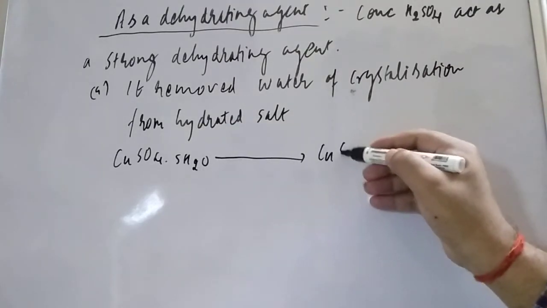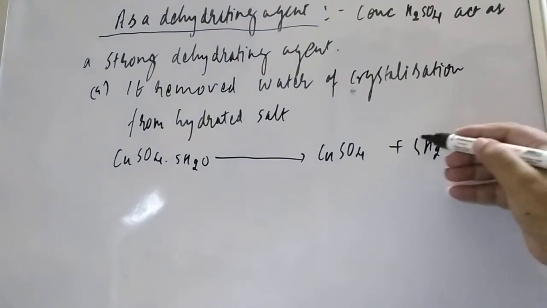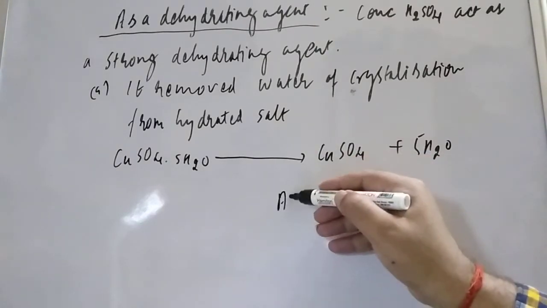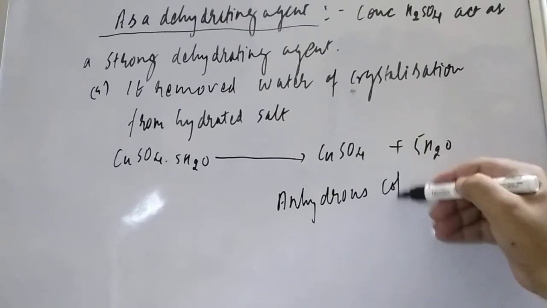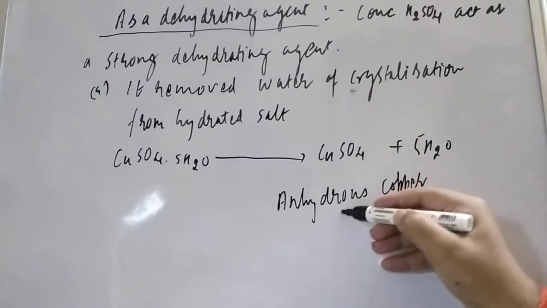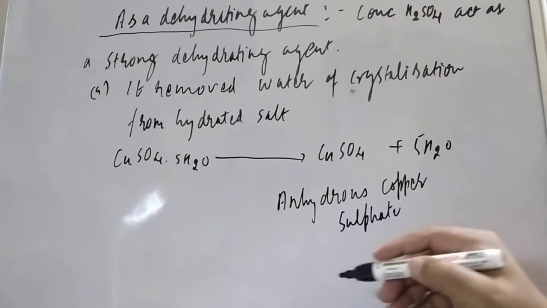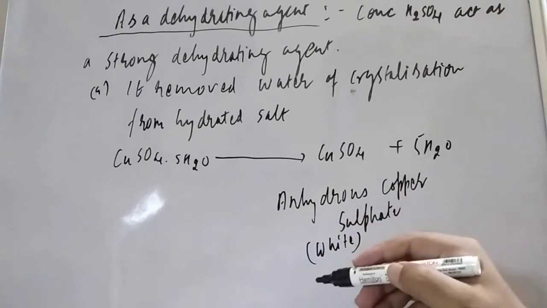It will give CuSO4 plus 5 water molecules released. This is anhydrous copper sulfate, which is white in color, or you can say colorless.